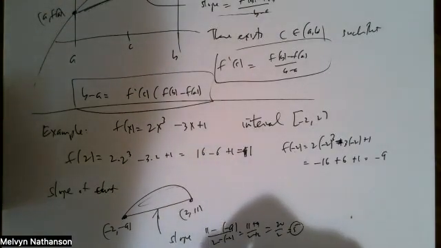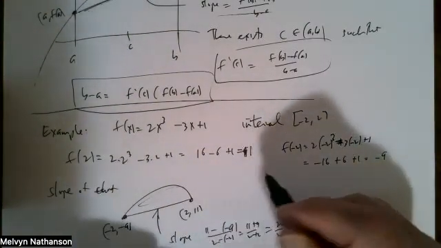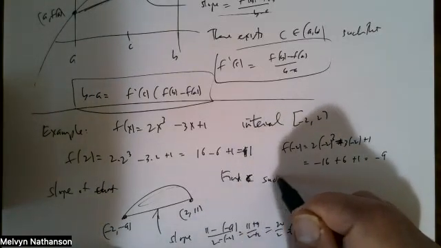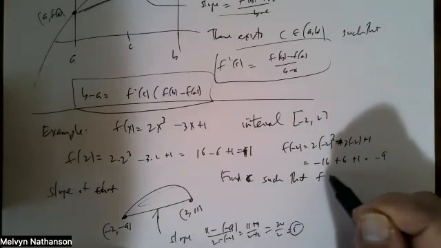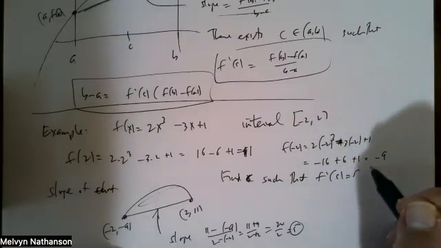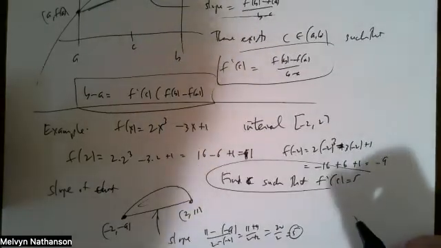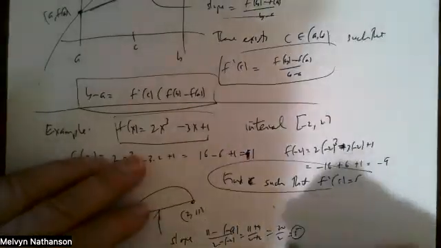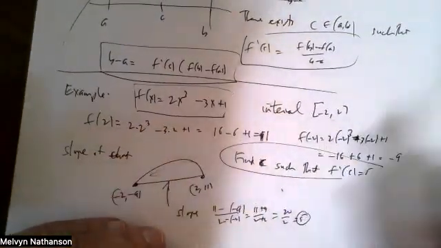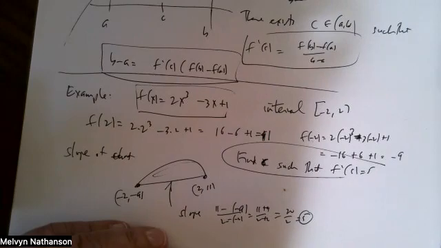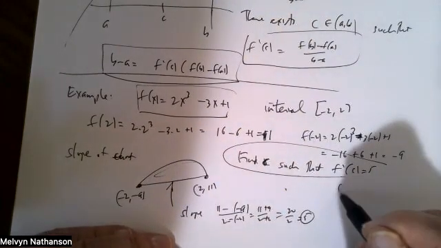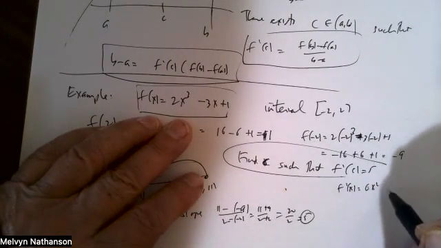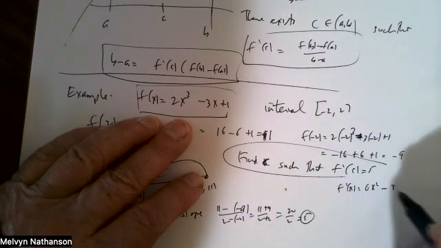So we want to find a point C such that f prime of C is equal to 5. The mean value theorem says that's possible. Well, this is my function, 2x cubed minus 3x plus 1. The derivative, f prime of x, is 6x squared minus 3.